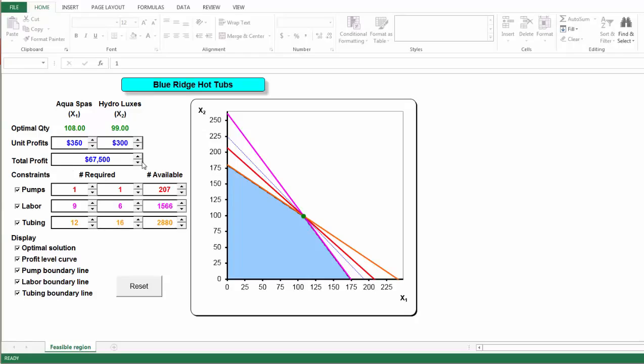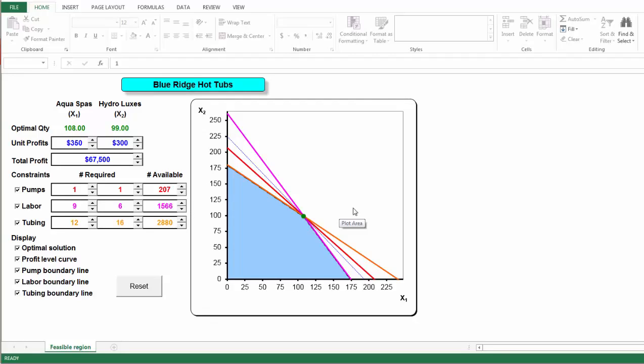You will notice at 207, the pump constraint becomes redundant. That is to say, with or without pump constraint, the feasible region remains the same. Yes, it's true that the optimal solution is still the intersection of boundary lines of pump and labor constraints, but it's also the intersection of boundary lines of tubing and labor constraints.